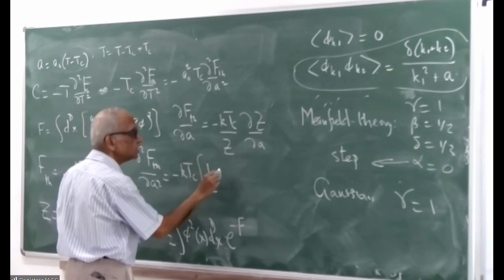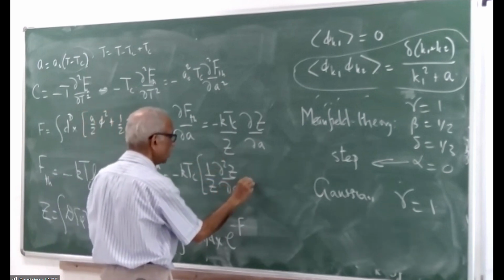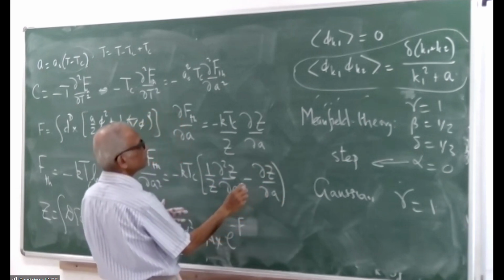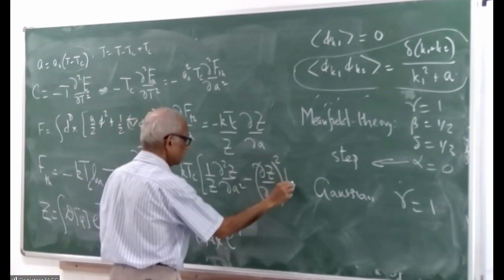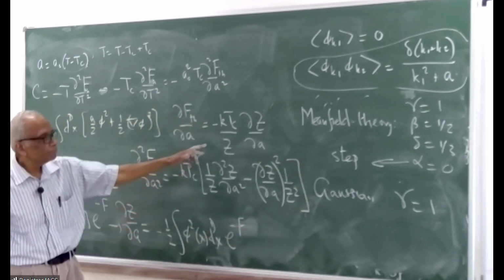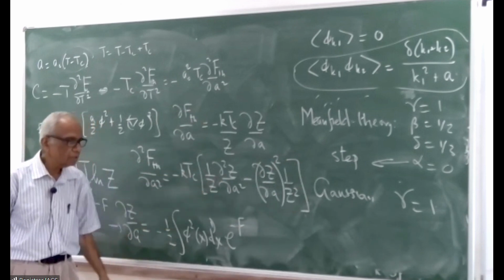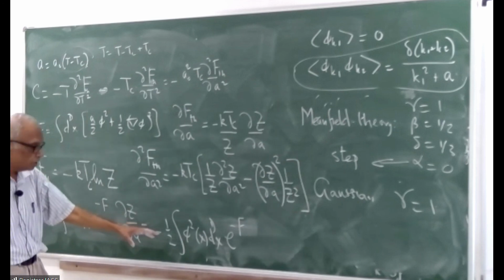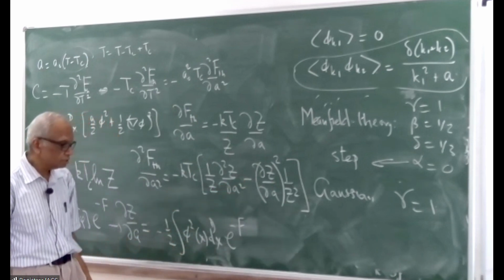It is 1 over Z del squared Z del A squared minus del Z del A squared. So I have taken this minus k out, and that's that. Del Z del A, I have already figured out. So this is this.